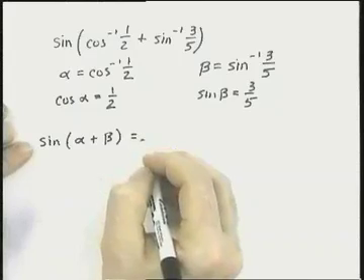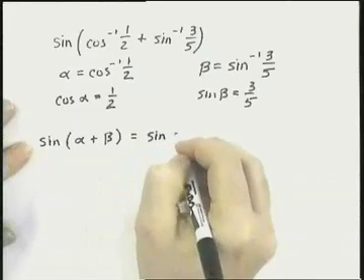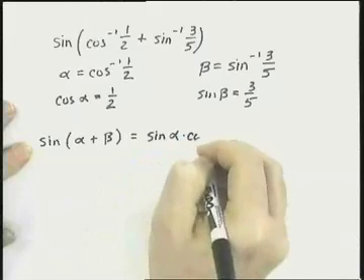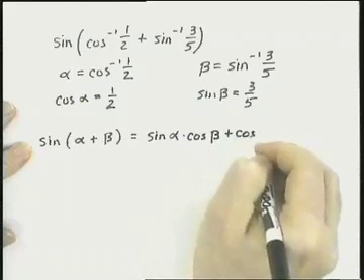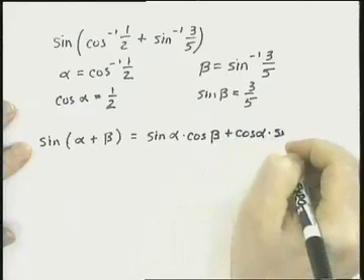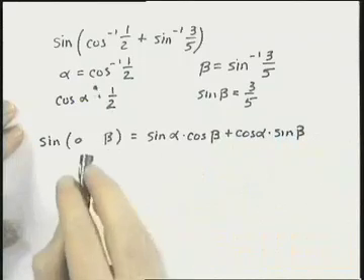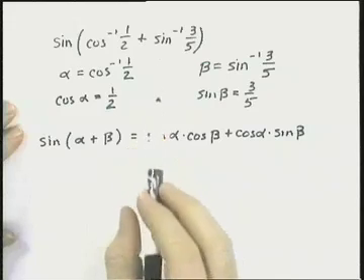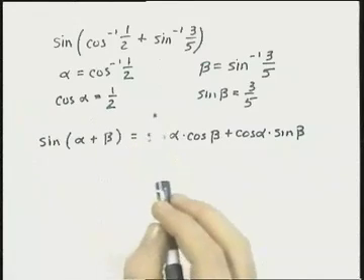Remember the formula for the sine of alpha plus beta. It's going to be the sine of alpha times the cosine of beta plus the cosine of alpha times the sine of beta.